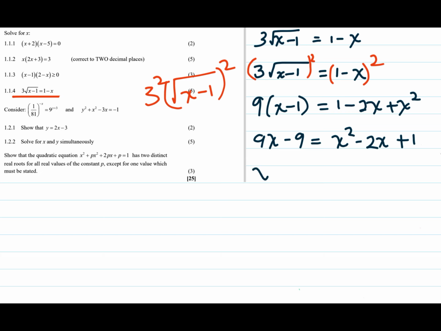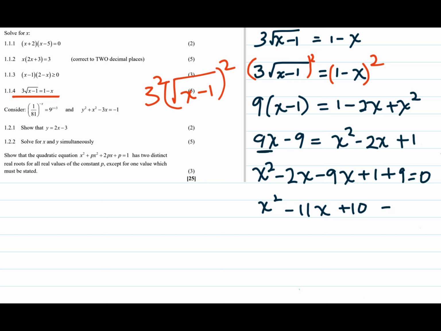We're going to have x squared minus 2x minus 9x, that's minus 9x, and then plus 1 there, and then plus 9 is equal to 0. Then you simplify, you have x squared minus 11x plus 10 is equal to 0.